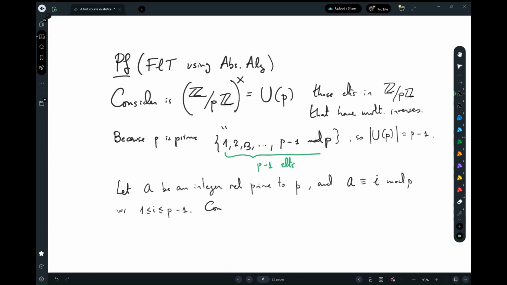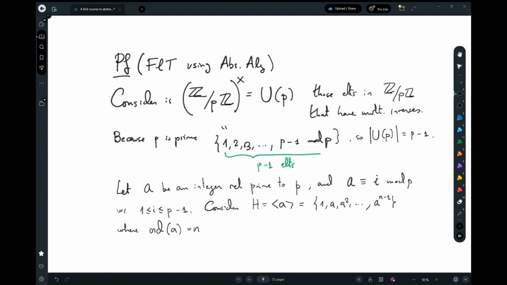Then consider the subgroup generated by A, which we know is 1, A, A squared, up to A to the n minus 1, where the order of A is n.